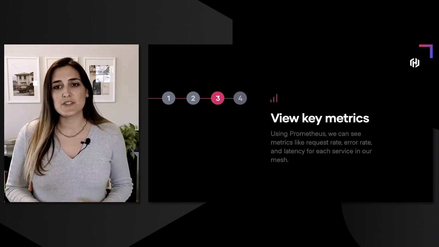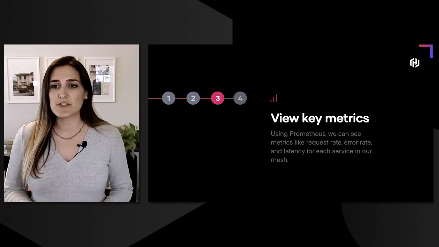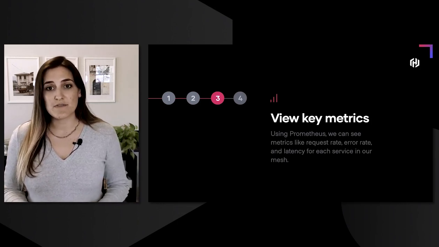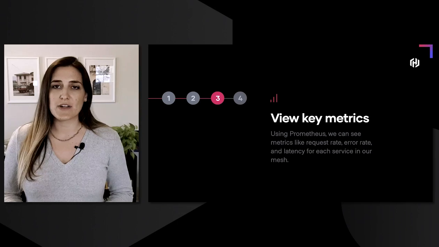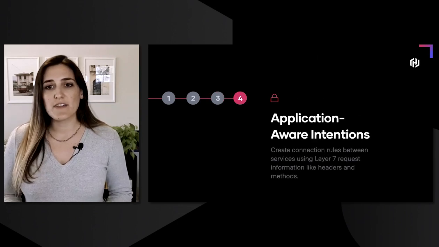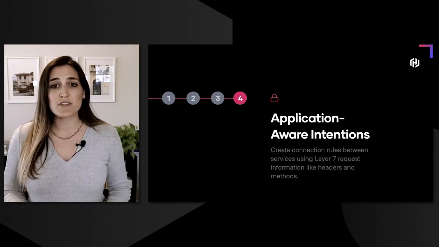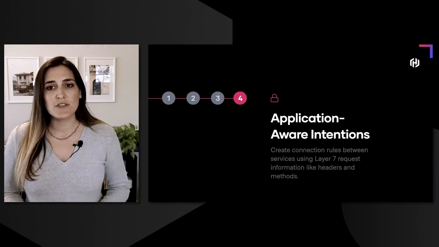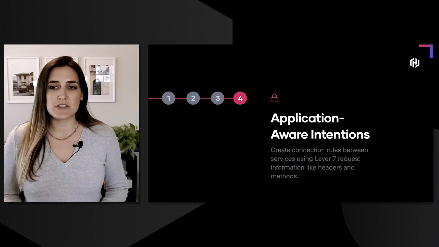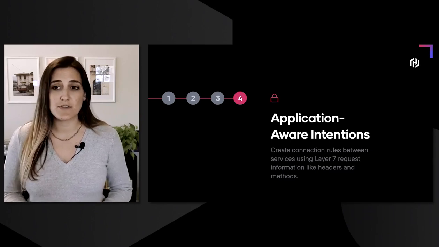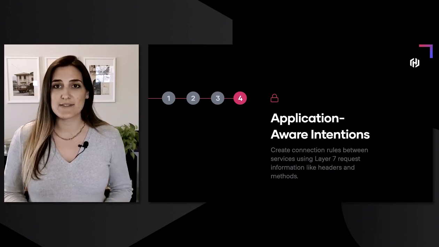Building on that visualization, we'll learn how to add a few key metrics like request rates, error rates, and latency to your UI diagrams. And then finally, I'll pass it off to Blake, who will show us how to narrow down the scope of our service-to-service intentions using our new Application-Aware Intentions feature for L7 information, like headers and methods.